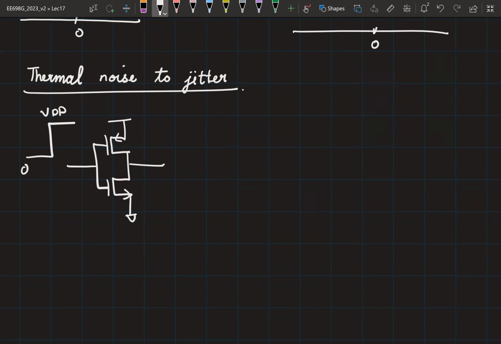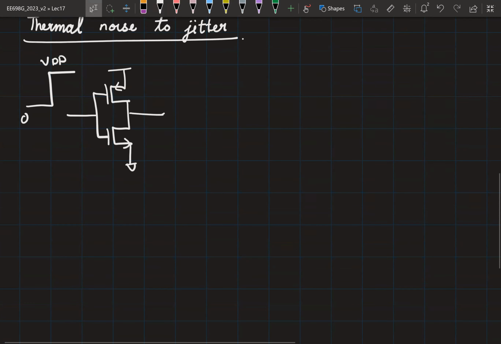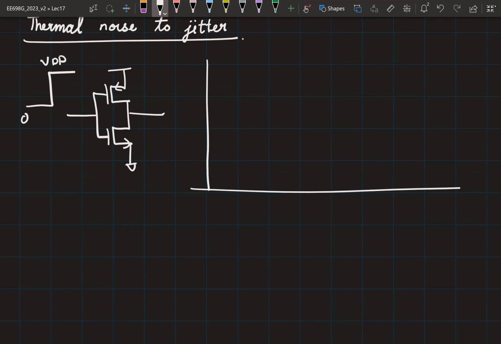Correspondingly, my output is going to go from VDD to 0. So let me exaggerate it a little bit. So this is with respect to time. This is, let's say, my V0, the output voltage. It is going to go from VDD to 0 like this.